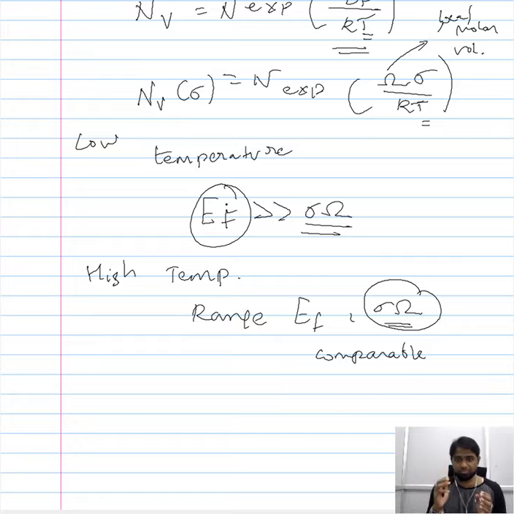But at high temperature, since we have T in the denominator and also the energy required for the formation decreases, this influence of stress becomes comparable to the energy required for the formation of vacancies, and in that case you cannot ignore the role of the stress in producing new vacancies.